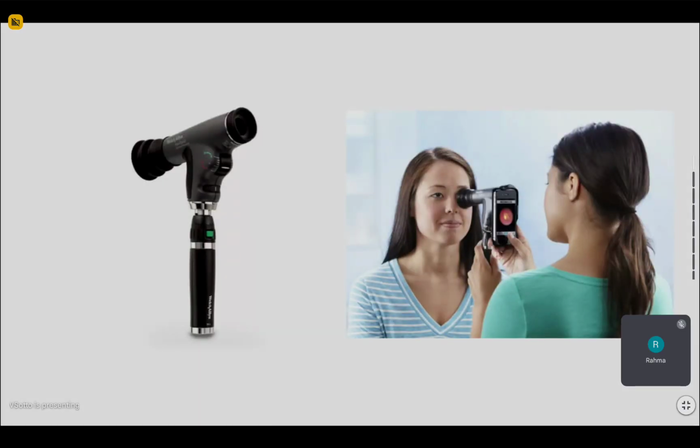There is other equipment used to check the fundus. These are relatively new. We don't have this yet in our OPD. There are already smartphones involved in checking the fundus with AI.